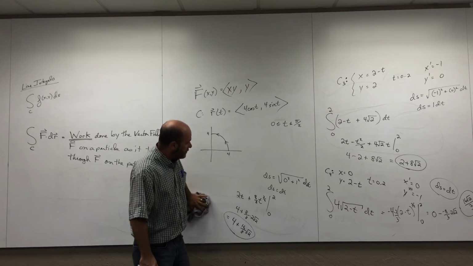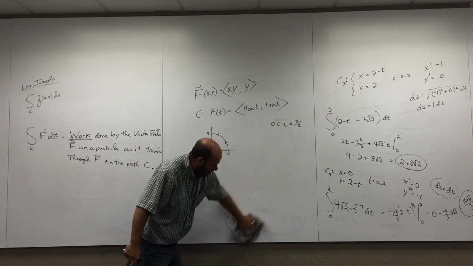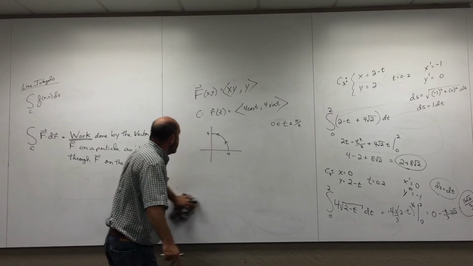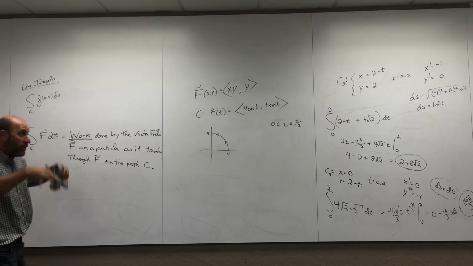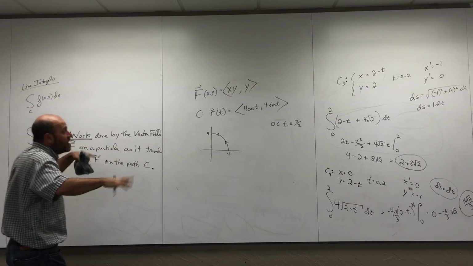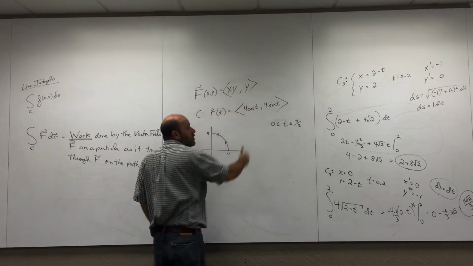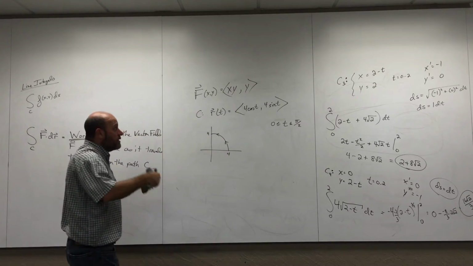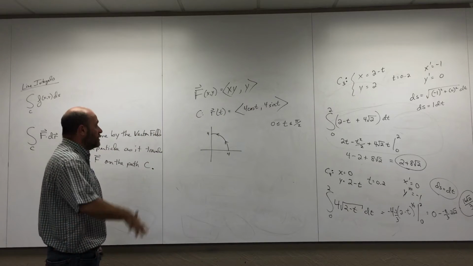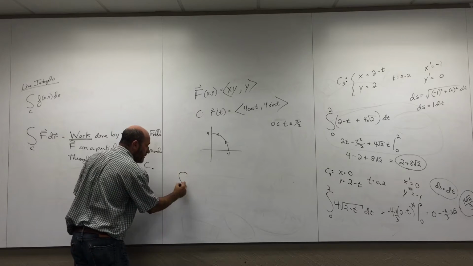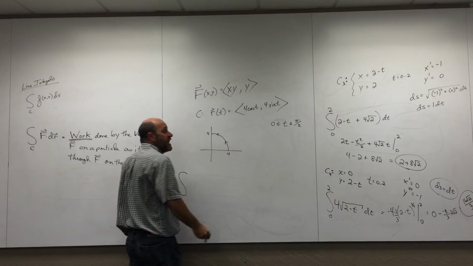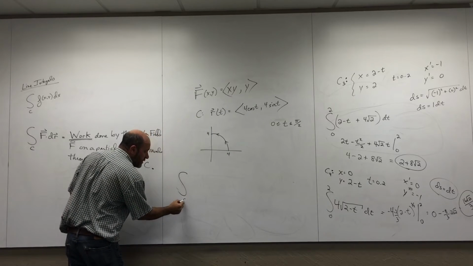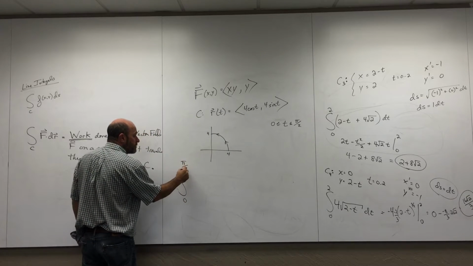And now, how do we do this problem? It's a little different. We don't need the ds. What we need is the dot product of F dot dr. But we still turn everything into t's, we don't deal with x's and y's. So here I go, I'm setting up the integral. Since the whole integral is going to be in t's, I think those are my bounds: 0 to pi over 2.